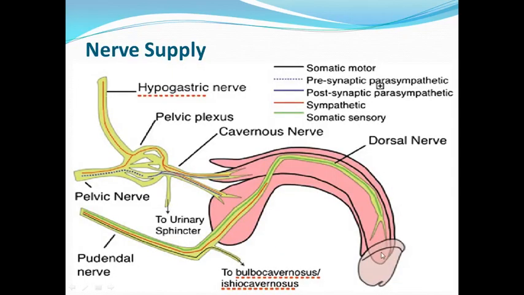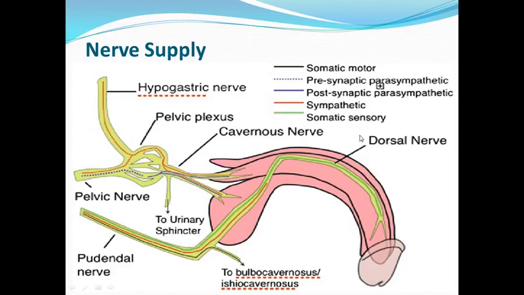Nerve supply: the penis has sensory as well as autonomic nerve supply, both sympathetic and parasympathetic nerve fibers. Talking about the sensory nerve supply, this is the somatic sensory, the green colored one, through the dorsal nerve of the penis, and also the ilioinguinal nerve.